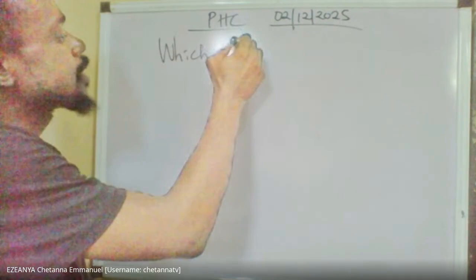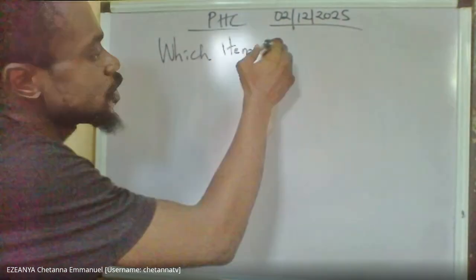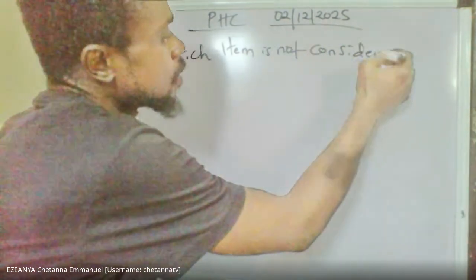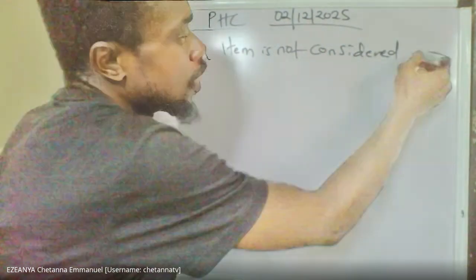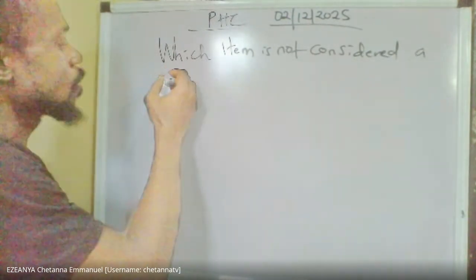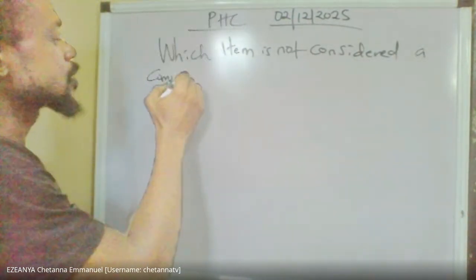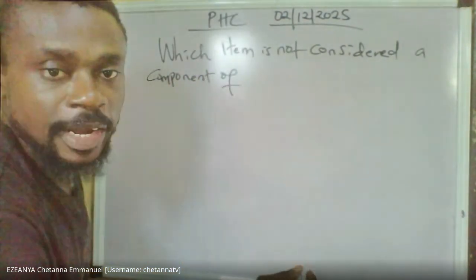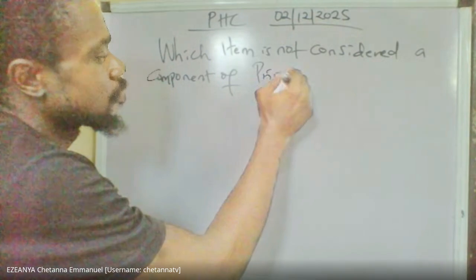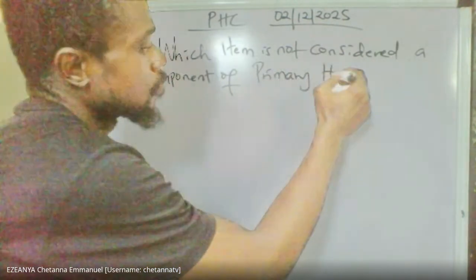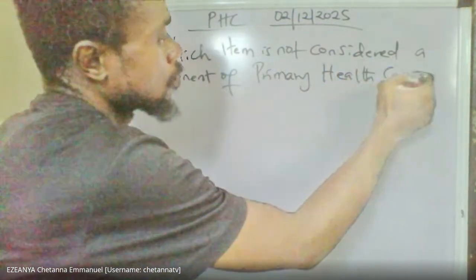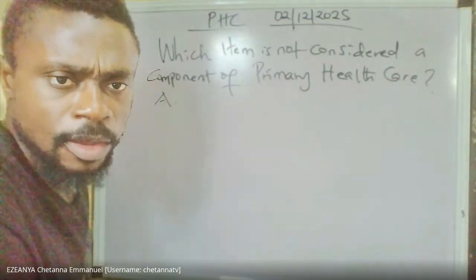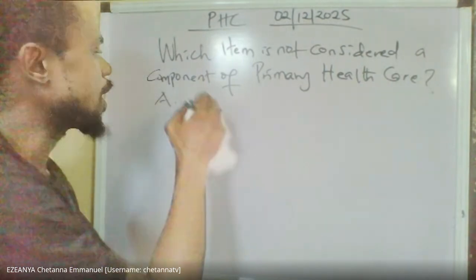Which item is not considered a component of primary health care? Option A says oral dental health.